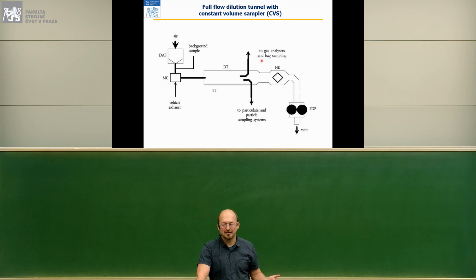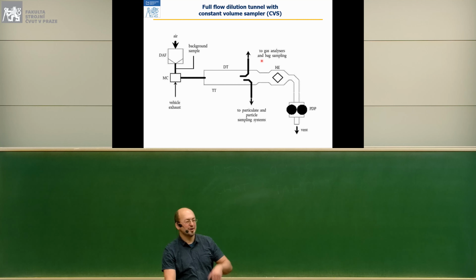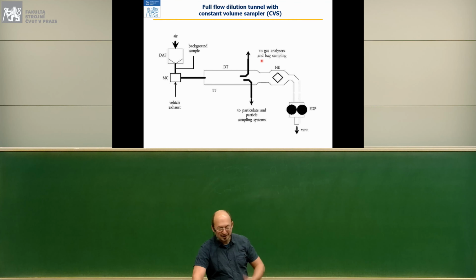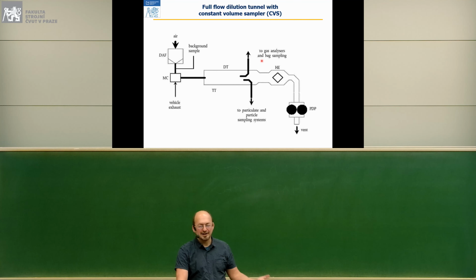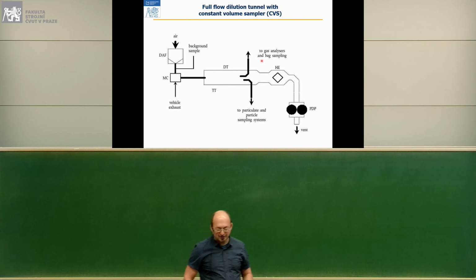If for example you find that you need to use a different measuring range of the instrument, recalibrate the instrument, use a different instrument, you can still do that and analyze it again. You don't need to rerun the test.